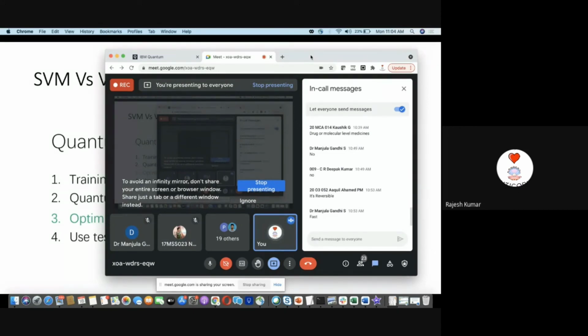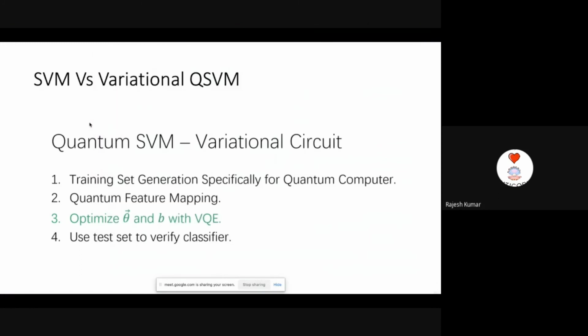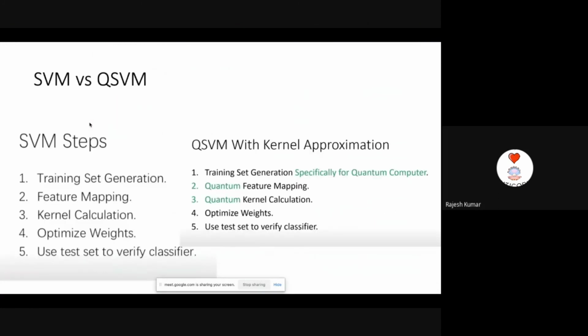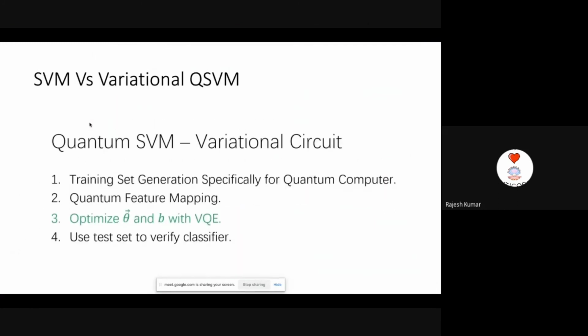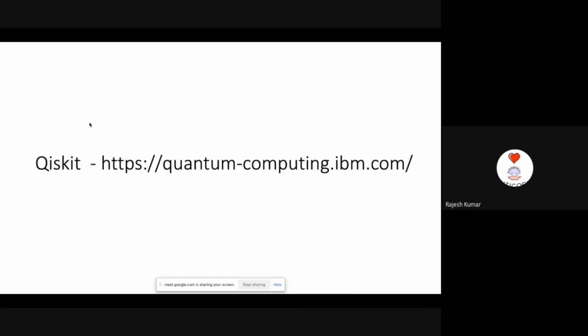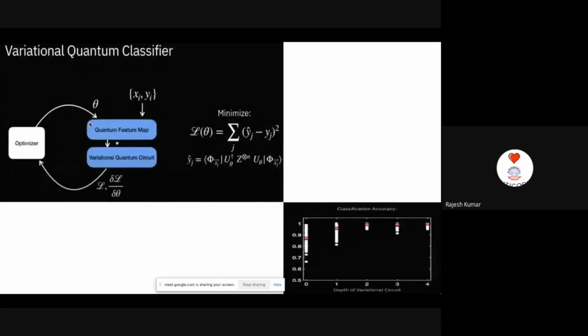But before that, I would like to ensure that you got the basic flow of why we need quantum for machine learning. Any question?